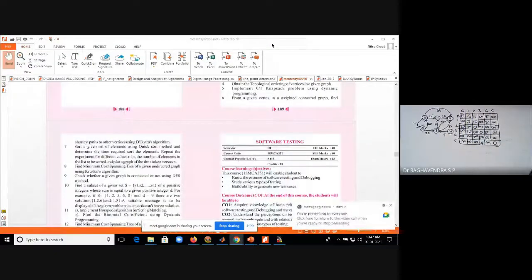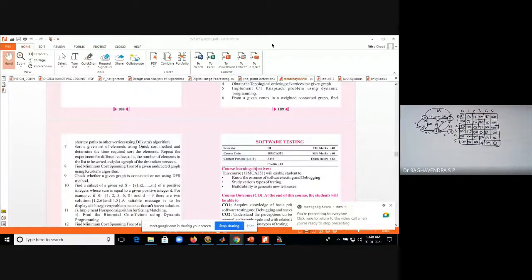Okay, so next one, I'm going to take Kruskal's algorithm and the other minimum spanning tree algorithm, Prim's algorithm, that is over, I suppose. So next, Warshall's algorithm.